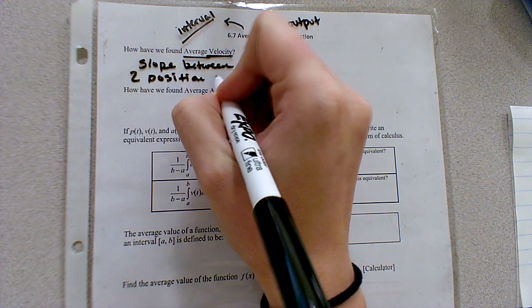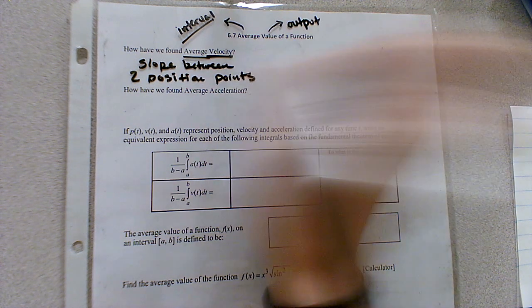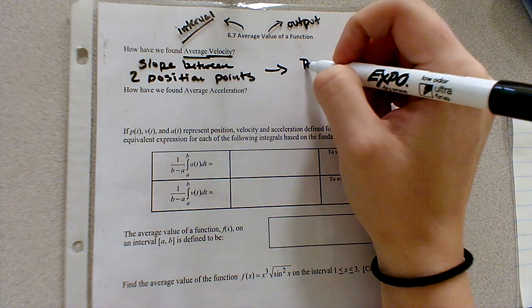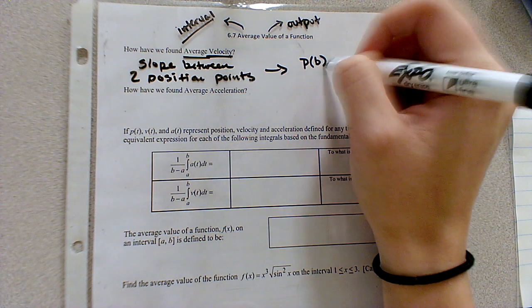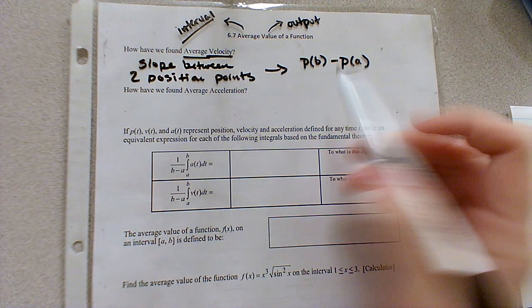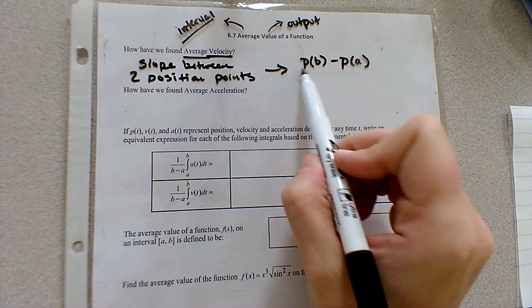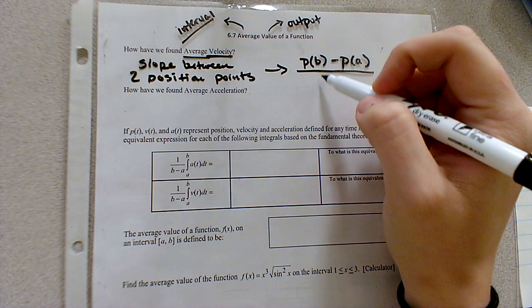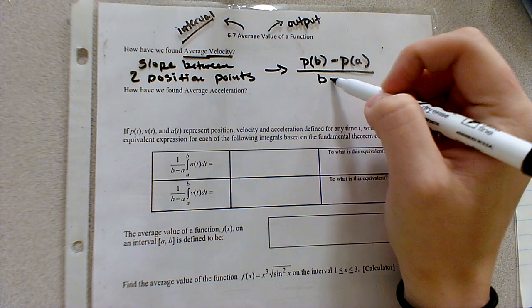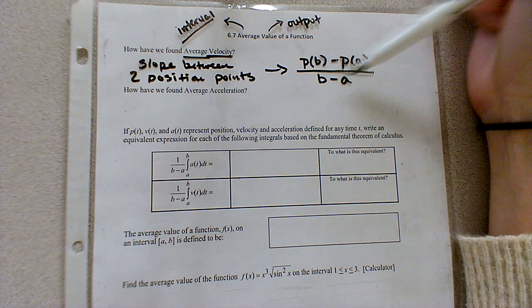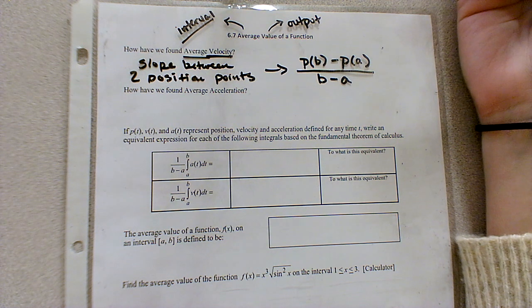If I write that out mathematically, I'll take the position at time B, minus the position at time A, so this is my change in y values, and I divide by the change in the respective x values, so that would be B minus A. So the slope between 2 points on position would give us average velocity.